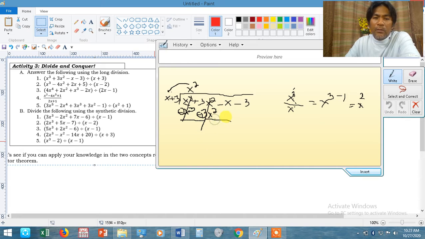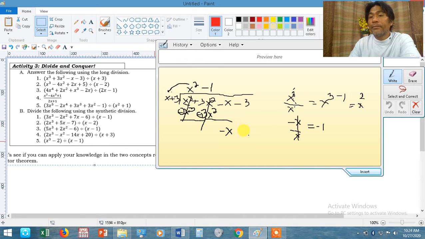So bring down x na lang. Right? So bring down x na lang dito. So we have negative x divided by x. So may mga siyang negative 1. So minus 1.